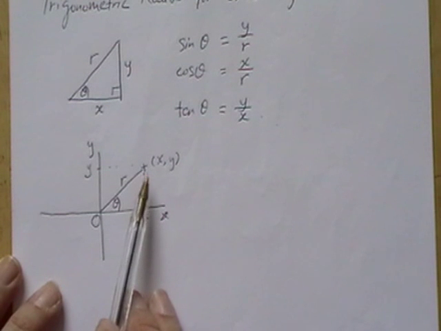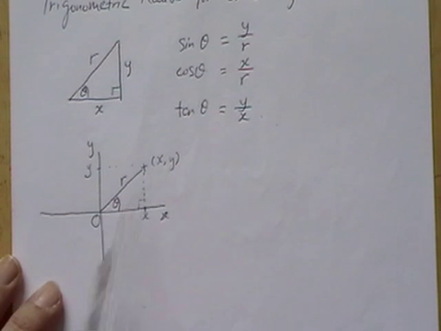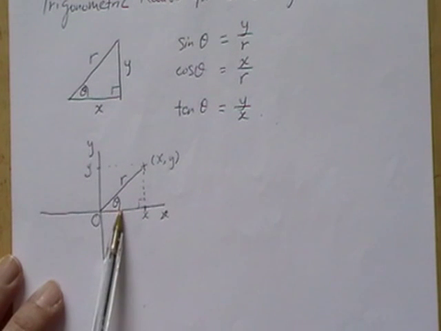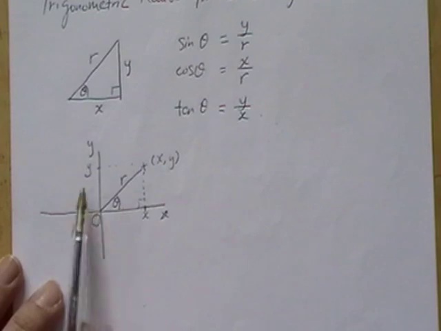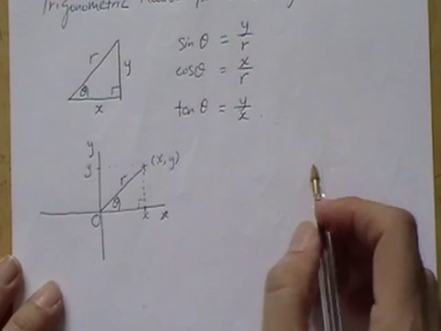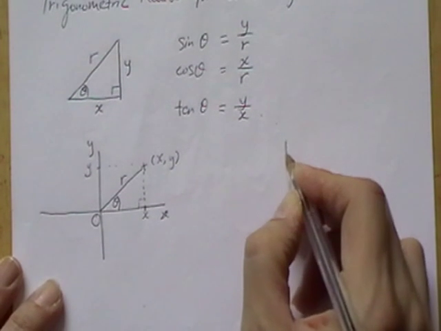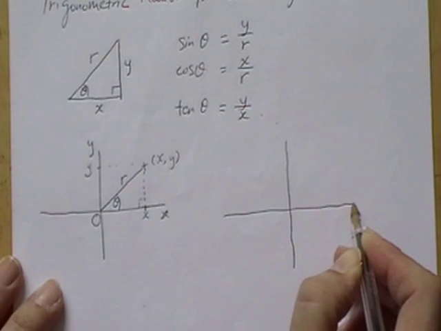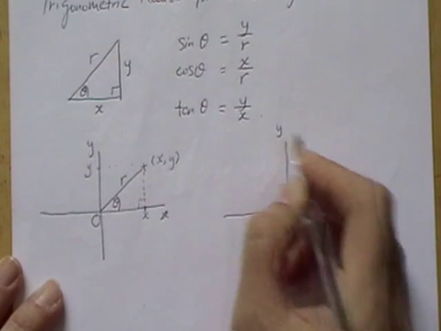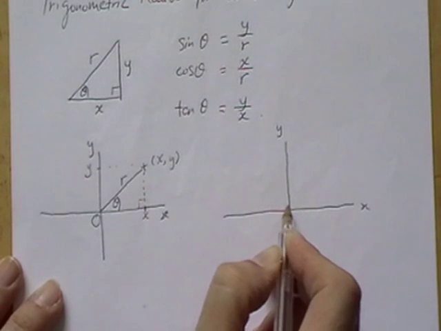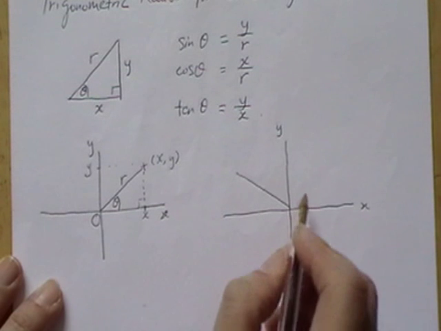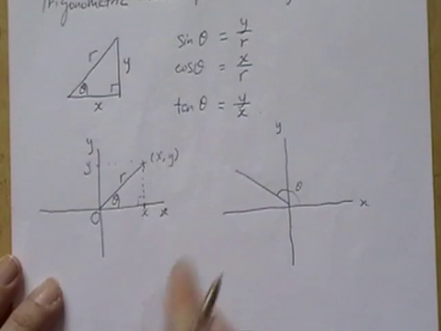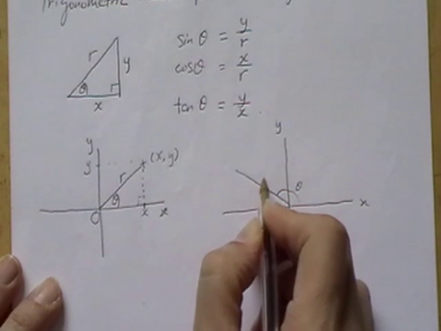The useful thing about thinking of x and y in this way is that if we now say that the angle is more than 90 degrees, let's have a look at what happens. X and y. If the angle is more than 90 degrees, then it is somewhere there. That's the angle. That's the length r.